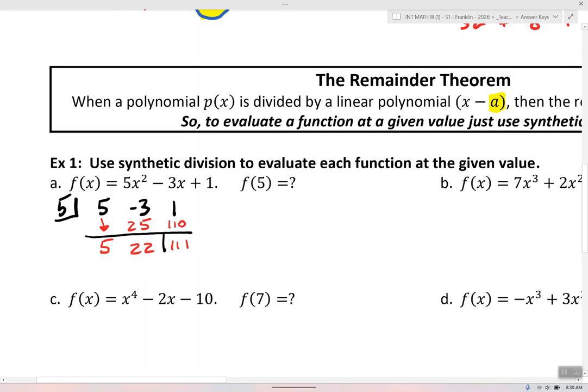Plus 1 is 111. So that is our answer, 111. And that's a much easier process than plugging in 5 and doing 5 squared times 5 minus 3 times 5 is 15. So it's quicker.